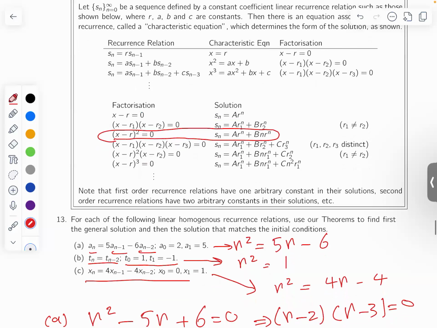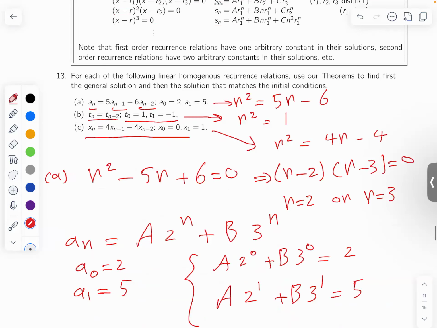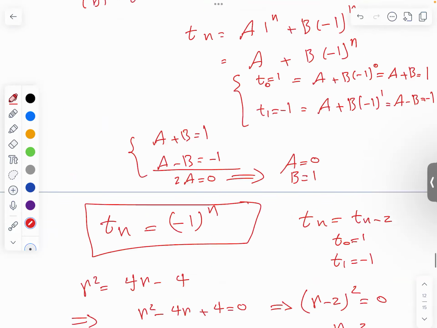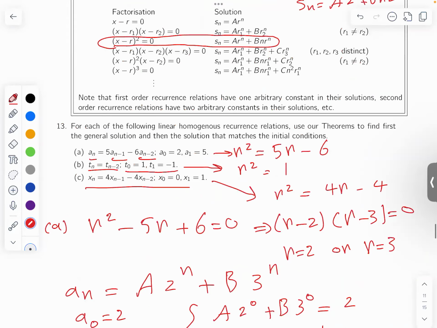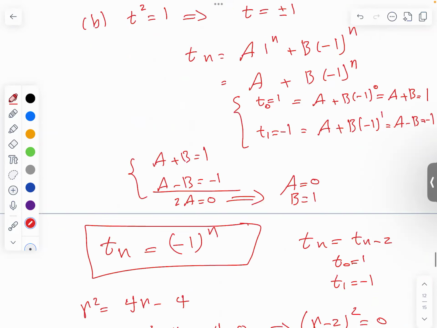the answer of question 13 part C will be Xn equals A times 2 power n plus B times n times 2 power n. What's the initial condition? 0, 1. What's the xn? Sorry.